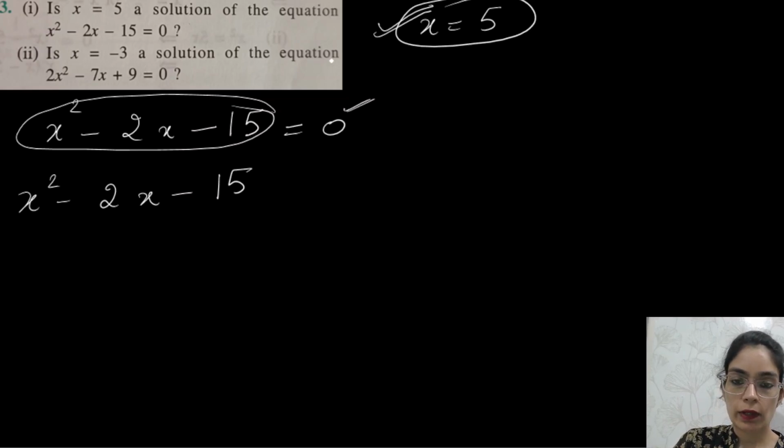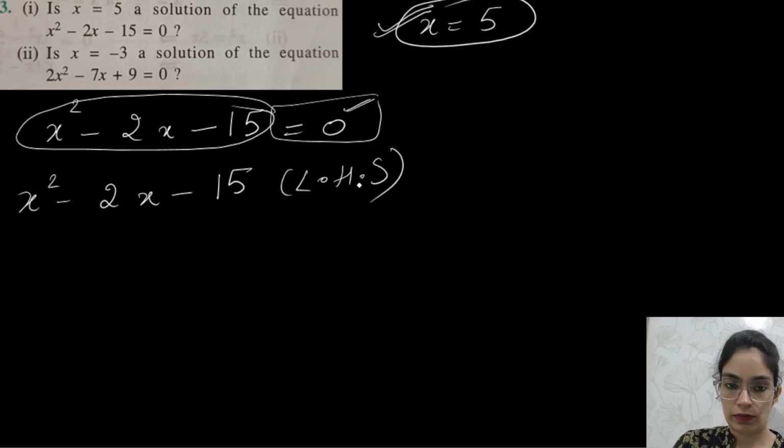You have to be very careful here. You don't have to take this part, only the left hand side. When we are checking, we will take only the left hand side of the equation. So left hand side I have taken x square minus 2x minus 15. X value is equal to 5.